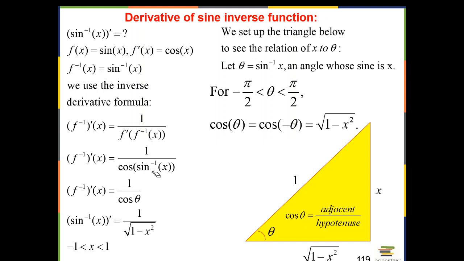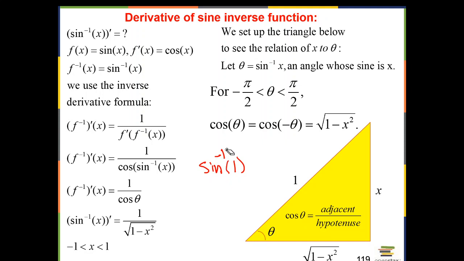But you understand that when we write sine inverse of, let's say, 1, what does that mean? It means that I'm looking for an angle whose sine is 1. And that angle, of course, is 90 degrees, right?